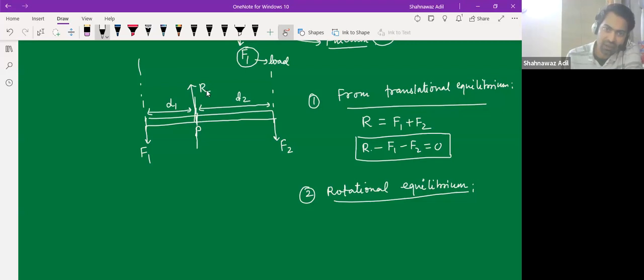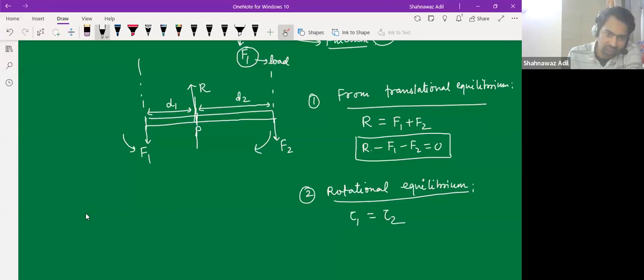This R is also there, but it is on the axis, so its torque would be zero, right? So we have two torques, and they are balancing each other. So tau 1 would be equal to tau 2.